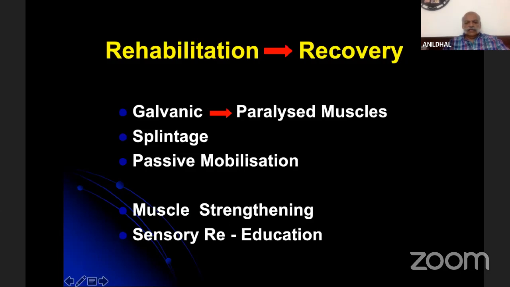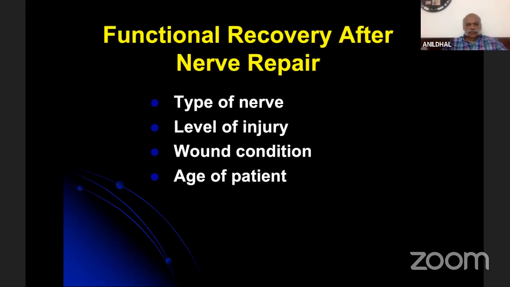And when sensation starts coming back, sensory re-education is another very important area which needs to be performed by the occupational therapist. The patient has to be taught all over again what is hot, what is cold, what is blunt, what is sharp, and so on. So sensory re-education is equally important in these patients.